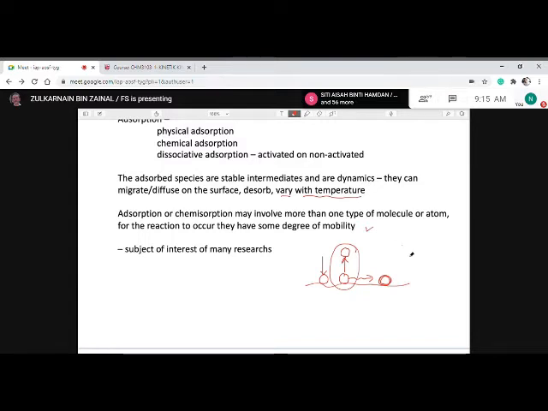As I showed you earlier, the adsorbed molecules can come together and react to form a different molecule on the surface.